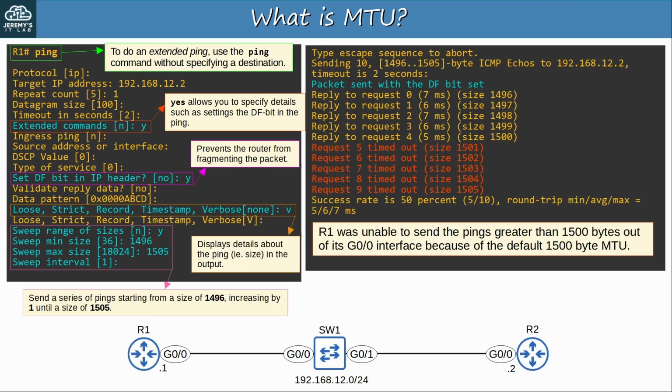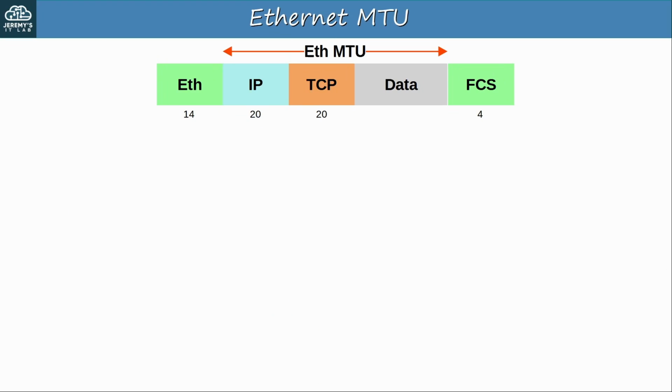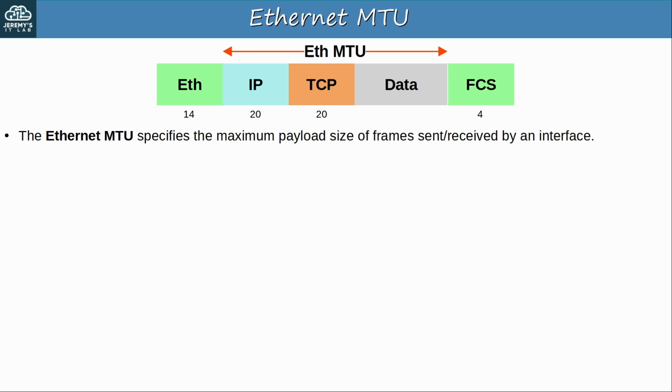Now let's look at those two values I mentioned before, Ethernet MTU and IP MTU. First up, Ethernet MTU. The Ethernet MTU specifies the maximum payload size of frames sent and received by an interface. Note that this includes both Layer 2 and Layer 3 interfaces, since both send Ethernet frames.